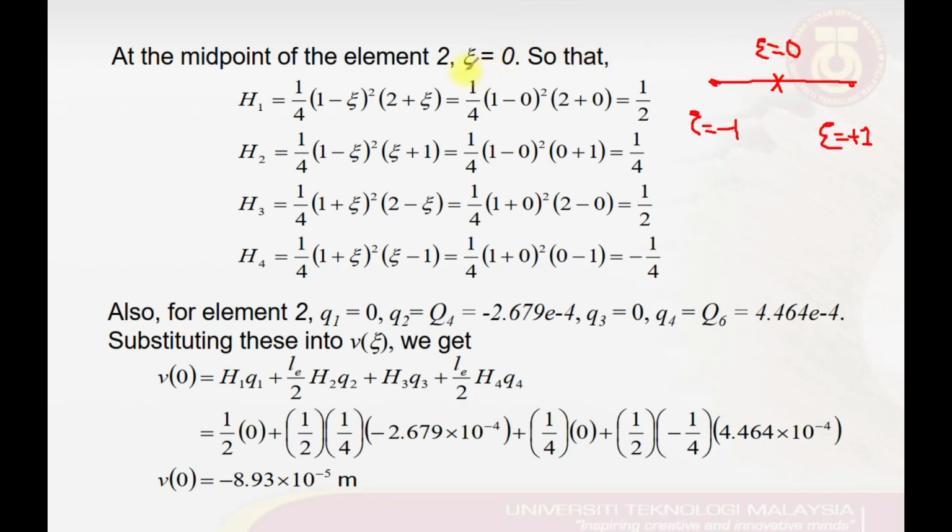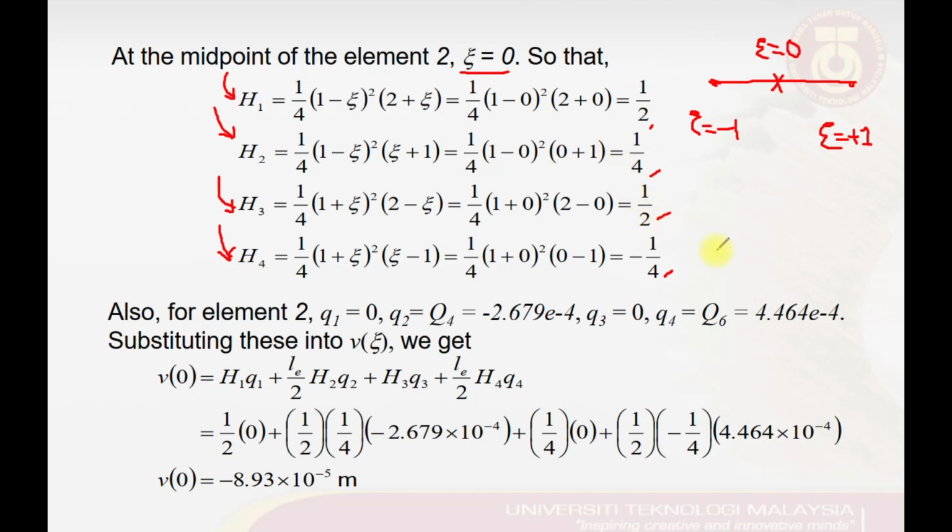So substituting z equal to 0 into the Hermite shape functions h1, h2, h3 and h4, we obtain that h1 is equal to half, h2 equal to 1/4, h3 equal to half, and h4 equal to -1/4.